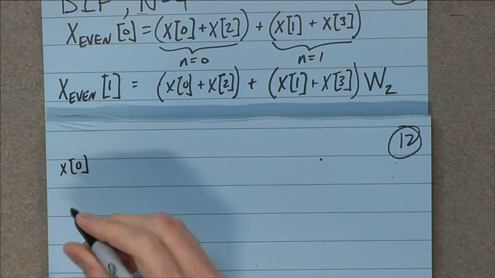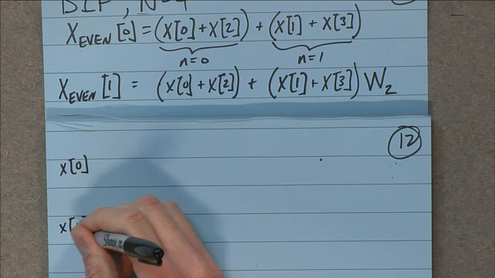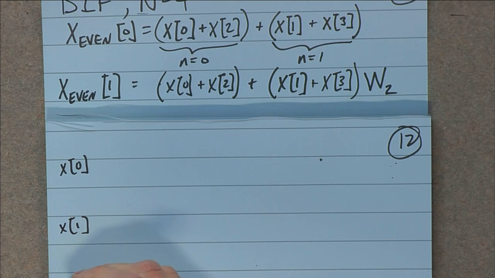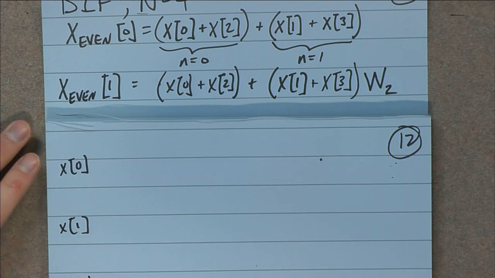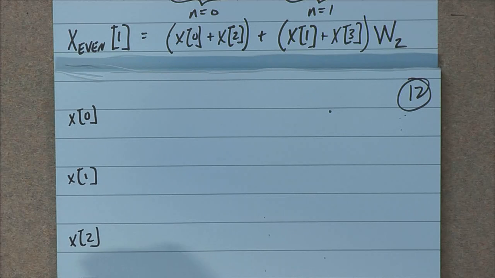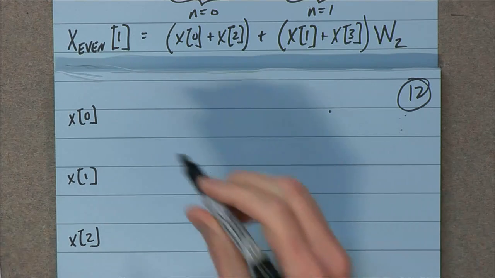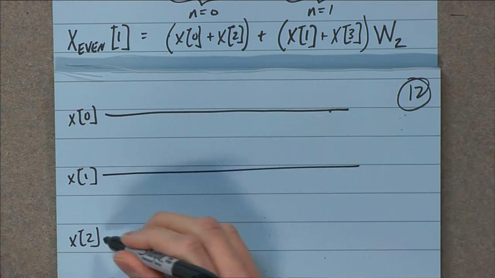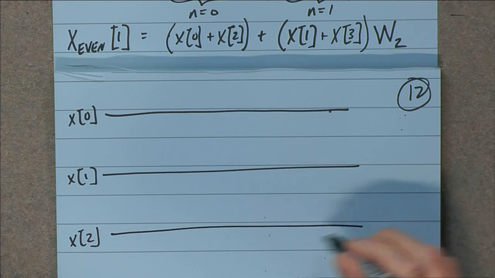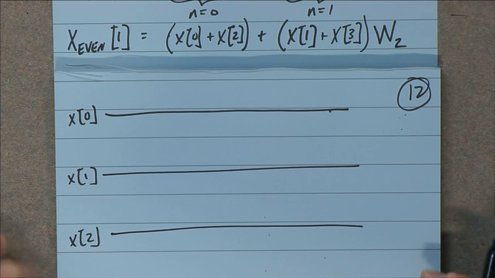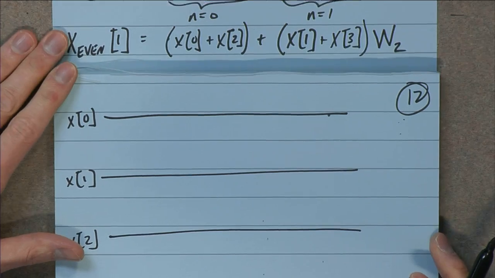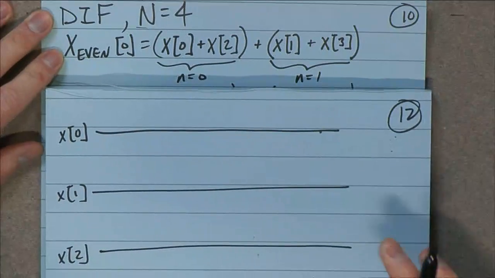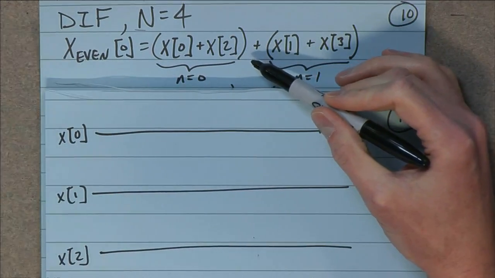I think what I'll do is I'll put the inputs in normal order, x0, x1, x2, x3, kind of to start with. And this creates some lanes here. And what do we want to get? Well, we know we need x0 plus x2, something we're going to need.